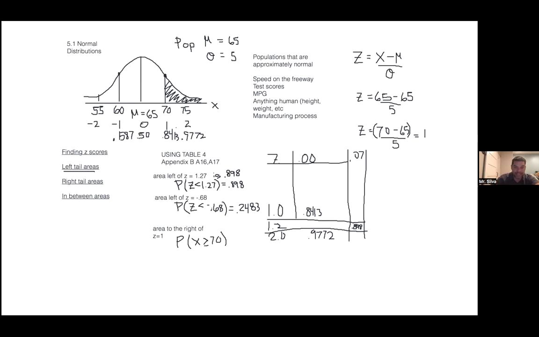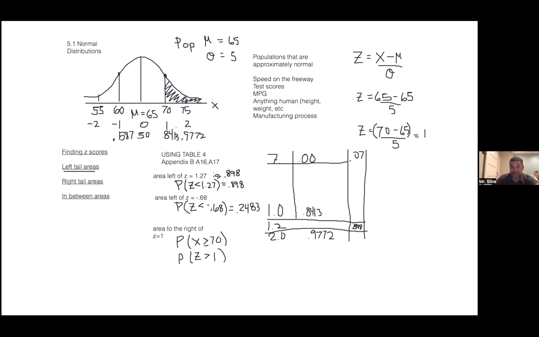Anyhow, I translate this to a z-score, the probability of z being greater than 1. How did I get 1? 70, take away 65, divided by 5 is 1. So x being 70, what does that translate to?